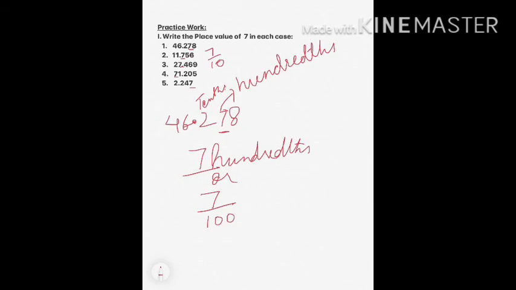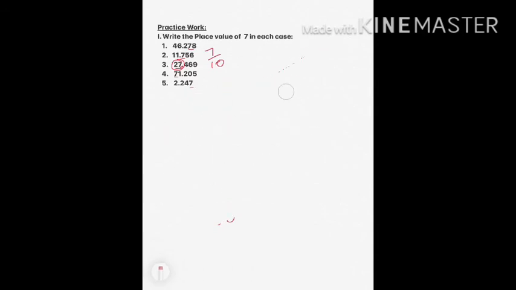Now in the third case, it is in the whole number part. So simply the answer will be 7, that is 7 ones, or you can write 7.